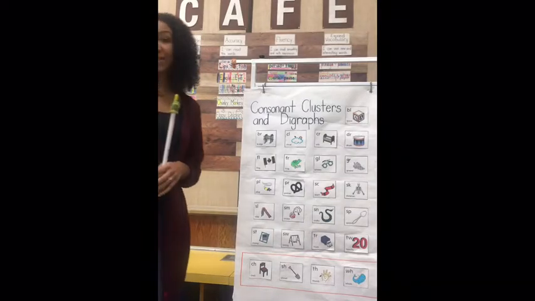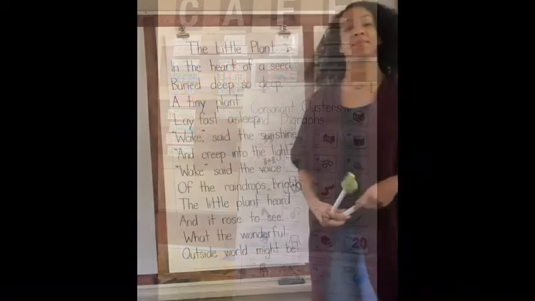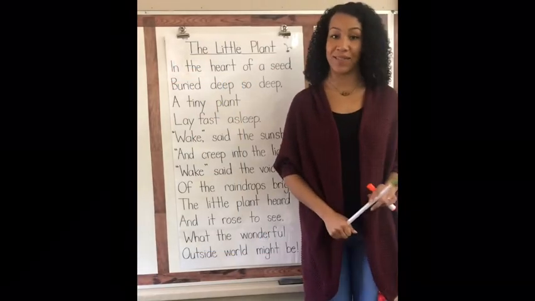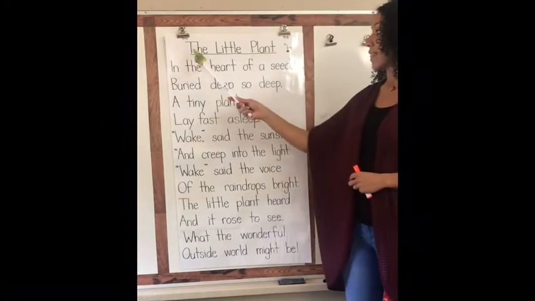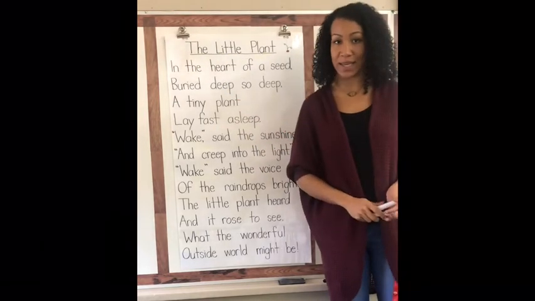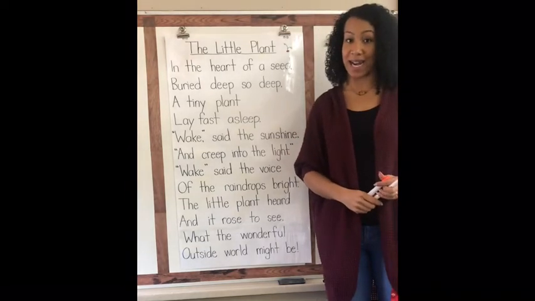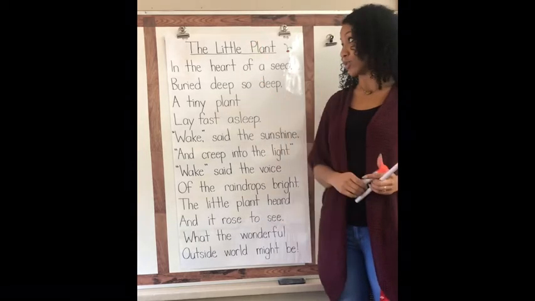So let's practice this in our poem of the day. Okay, our poem of the week this week is called The Little Plant. And what I'm going to be doing is putting a box around all of these consonant clusters and digraphs that I might see with my orange marker.